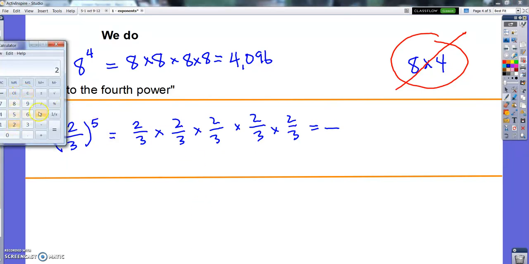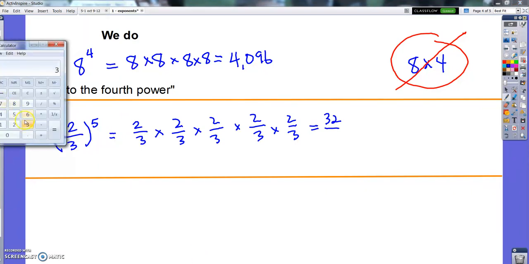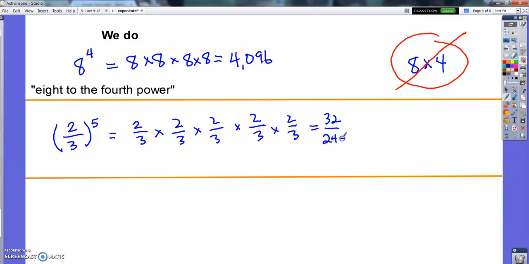That one I could probably do without, but I can do it faster here. 1, 2, 3, 4, 5. It's going to be 32 for my numerator. Denominator: 1, 2, 3, 4, 5. 243. Quite a fraction right there.